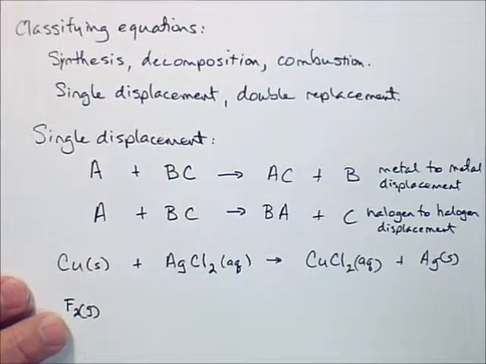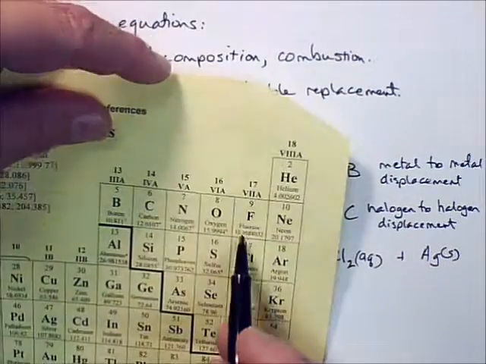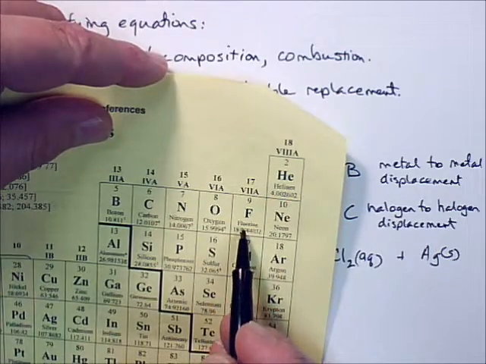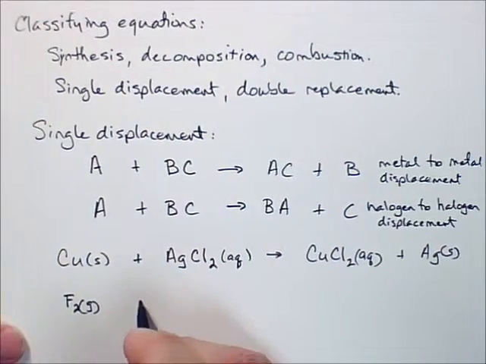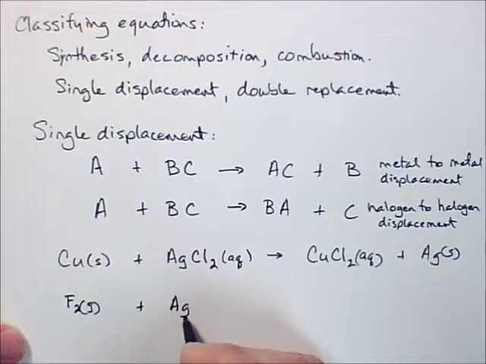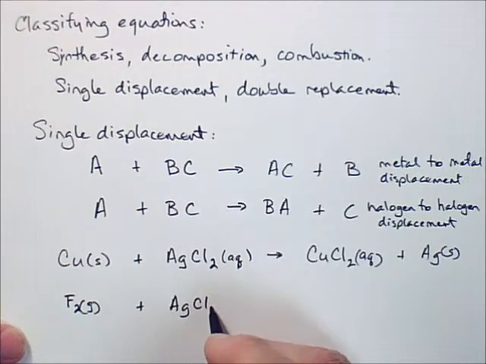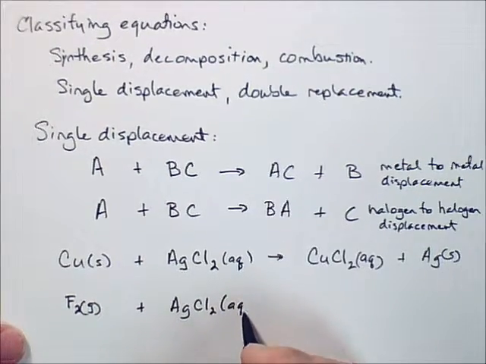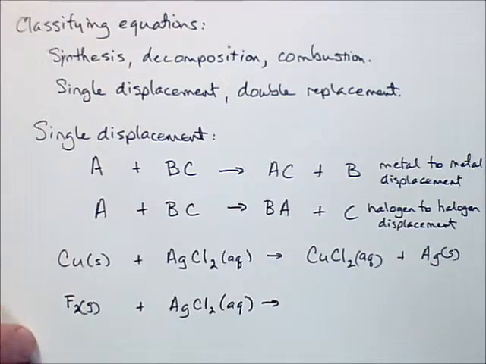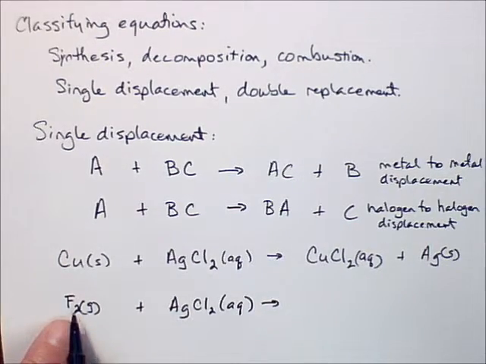So this is fluorine. If you didn't know it was fluorine, you look it up right here, F, fluorine. And we're going to react it with this same chemical. If a halogen is going to react, it's going to kick out the other halogen.